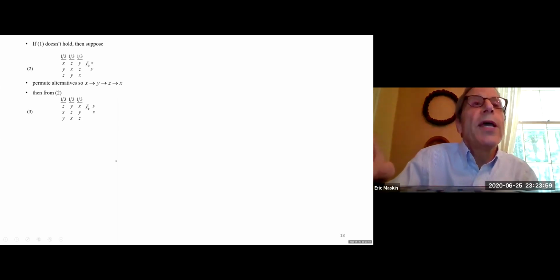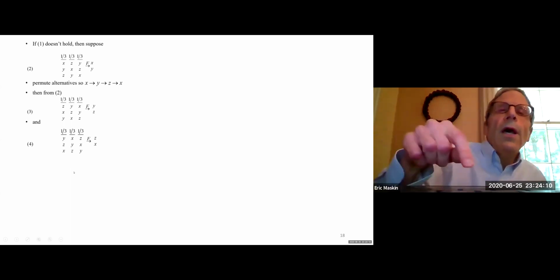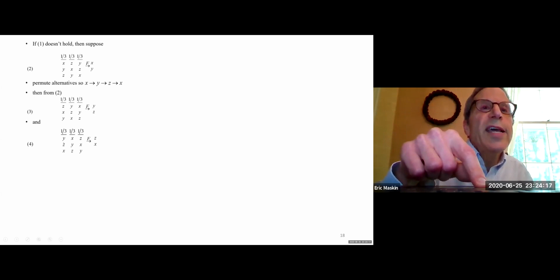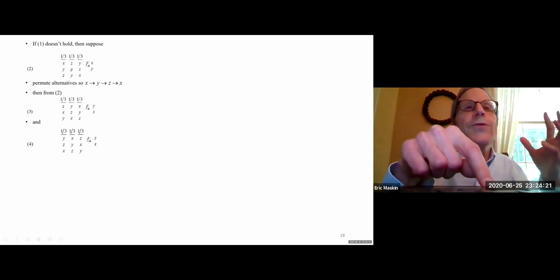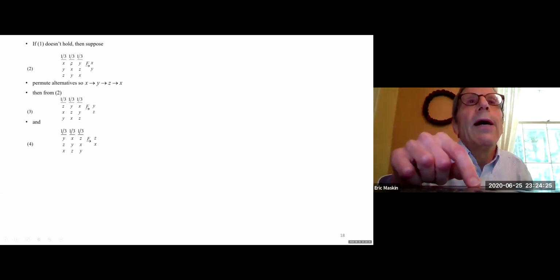Let's apply the permutation once again. And now we have Z ranked above X for this profile. But if you look at the profile in 3 and the profile in 4, you'll see that they are just permutations of voters from the profile in 2.